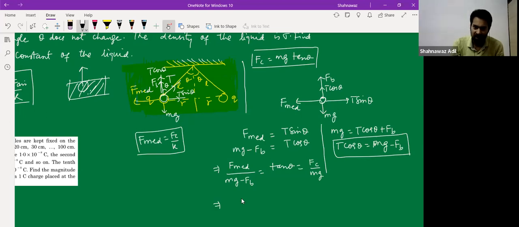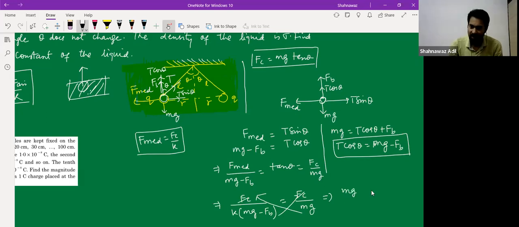So this is Fc by k, mg minus Fb, equals Fc by mg. So Fc cancels, and taking these terms across, this would be mg and k times mg minus Fb. So k is mg by mg minus Fb. Right, guys?